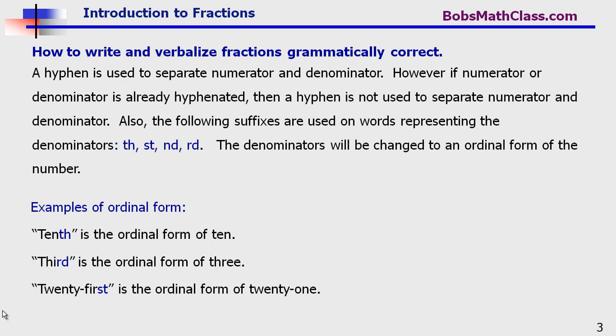Tenth. Tenth is the ordinal form of 10. Third is the ordinal form of 3. And 21st, see that number has a hyphen? 21st is the ordinal form of 21.